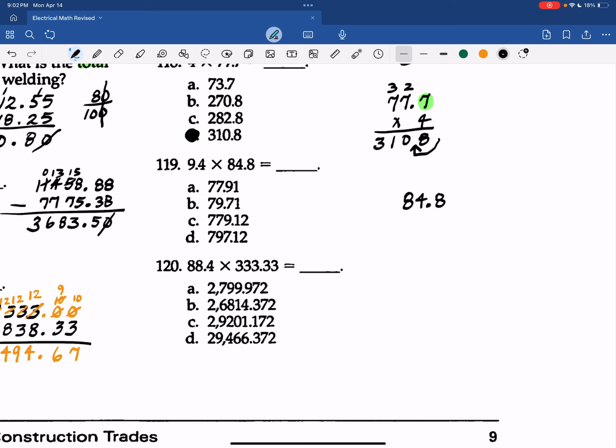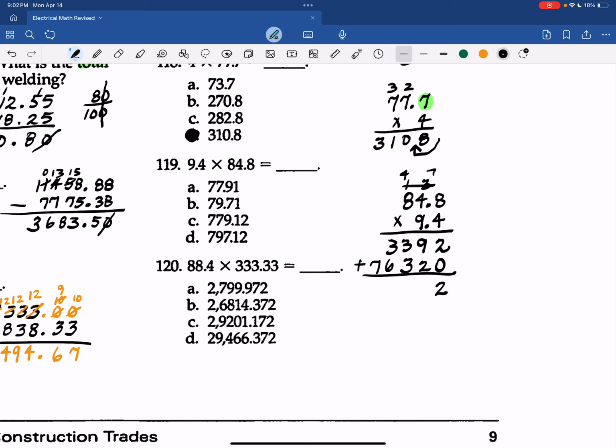84.8 times 9.4. Ignore the decimals for a minute. Focus on getting your math right. 4 nines are 36, plus 7 is what, 43? 72 plus 4 is 76.